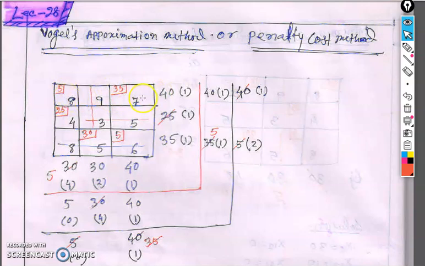The difference between 8 and 7 is 1. That means if the first factory's supply should not go to the third destination point, then for 1 unit supply of the first factory there will be an extra cost of rupees 1.